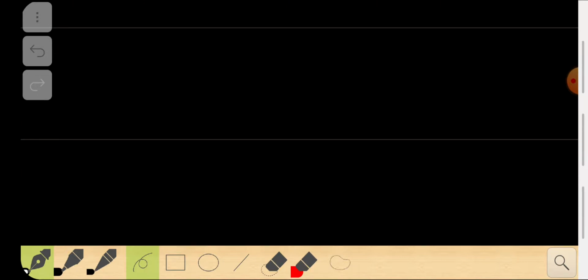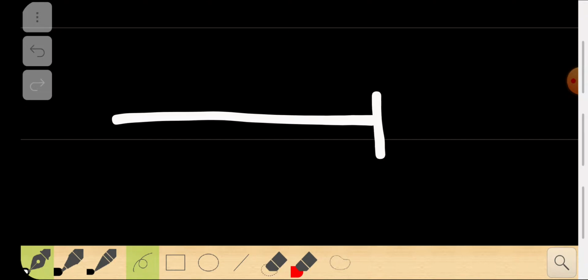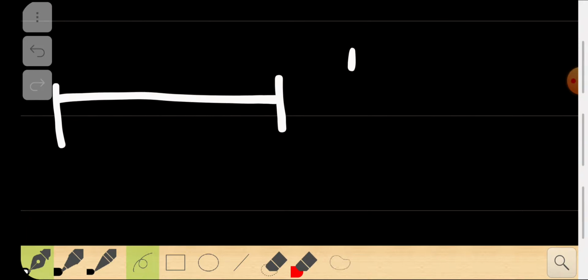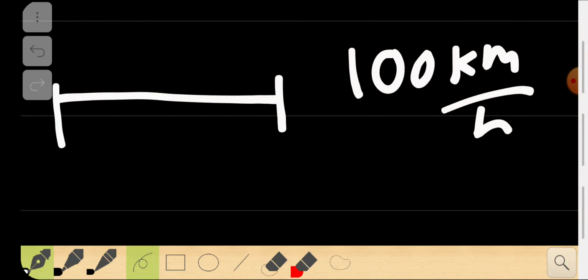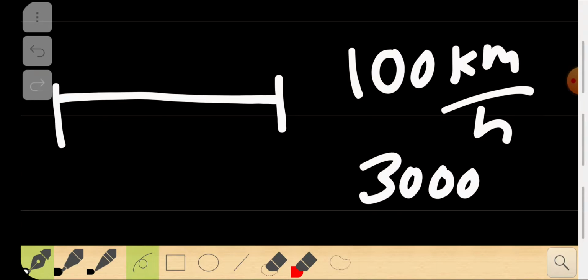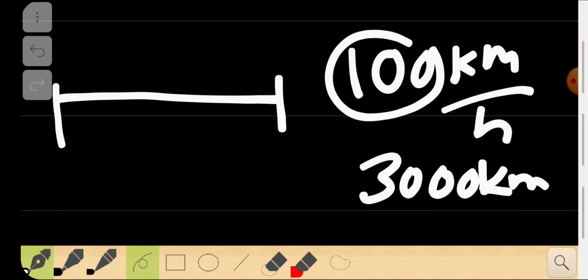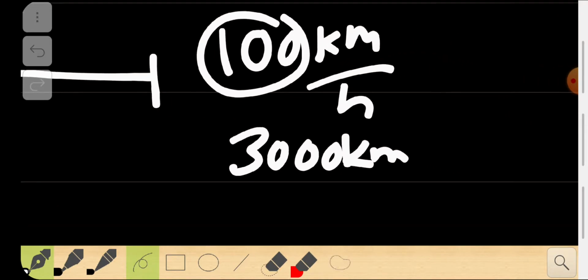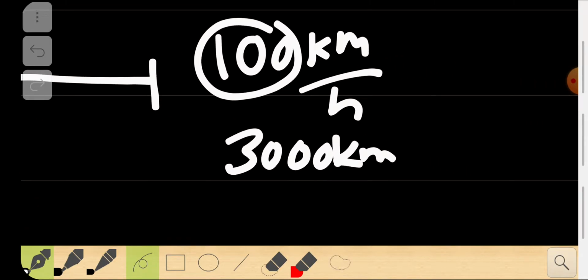We have done the mean value theorem, which says that, for example, if you travel a distance of 3000 kilometers with an average speed of 100 kilometers per hour, then the total time taken for that travel will be around 30 hours.